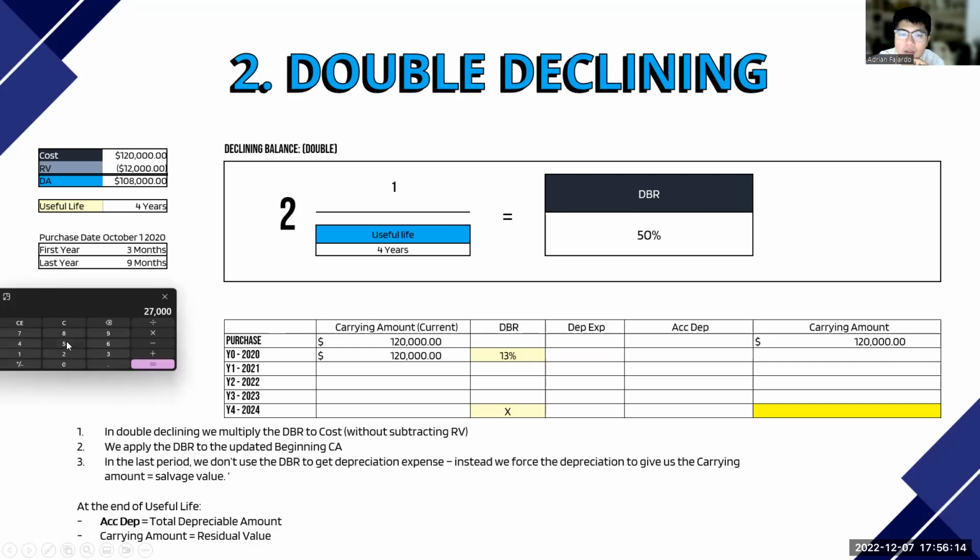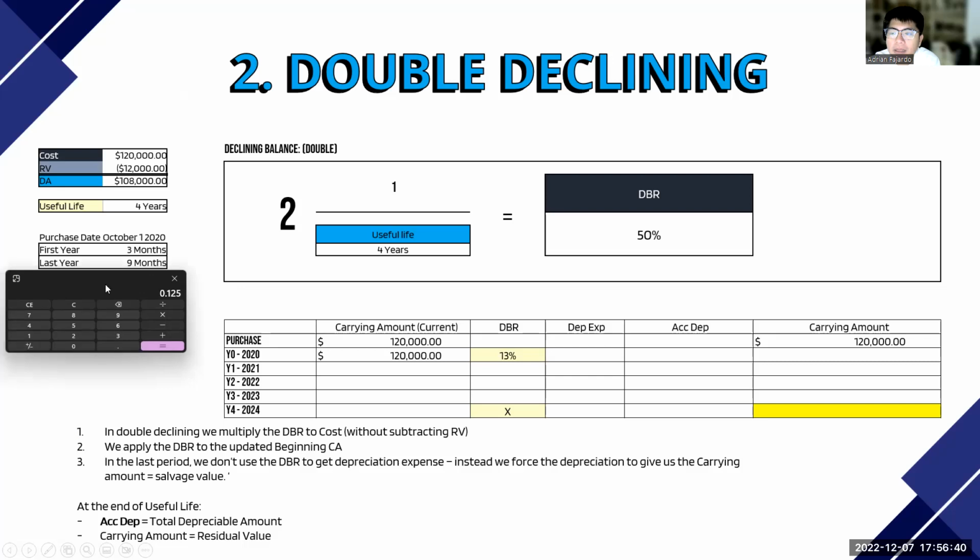So, same way, 50% times 3 over 12, you will get a DBR of 12.5%.